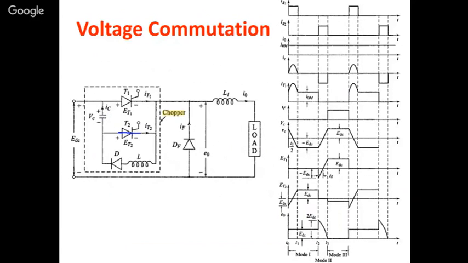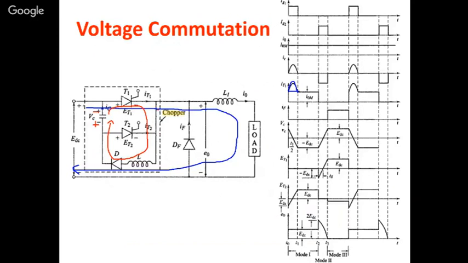Let us consider the initial condition first: this thyristor is on and current will be flowing like this. At the same time, with this thyristor current, there is a capacitor current also flowing, because initially it is already charged. The capacitor current will be flowing like this, forming a resonating circuit. At this instant the capacitor will be positive on this side and negative on that side, so it will be reversely charged, and that circuit is open.